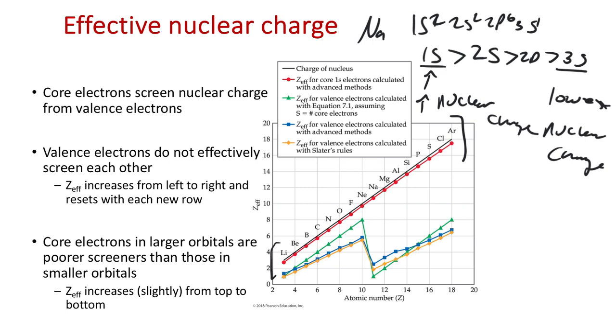So the outermost electrons experience the lowest charge, and the innermost electrons experience the highest charge. The red curve here uses an advanced method to calculate the charge experienced by the 1s shell for the elements lithium, beryllium, all the way through argon. If you notice, they're experiencing about the full nuclear charge. So the 1s subshell is experiencing almost the complete nuclear charge.